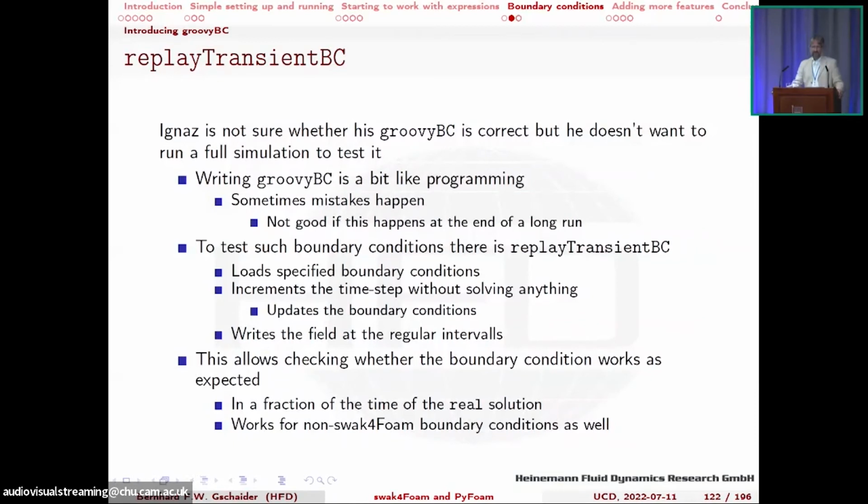One of the things that can be quite error prone with complicated boundary conditions is, you know how it is. You get a sign wrong, you start the simulation on Friday, come back on Monday, and find out, okay, I got the sign wrong, the heater went in the wrong direction. For things like these, there's the replay transient boundary conditions. That's something you can use even without the Groovy boundary condition.